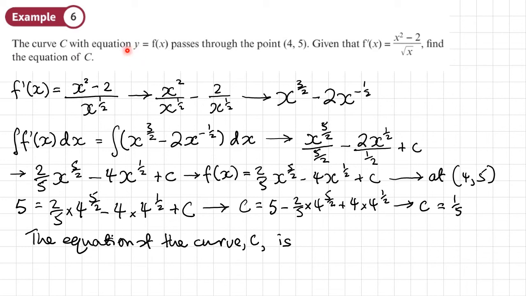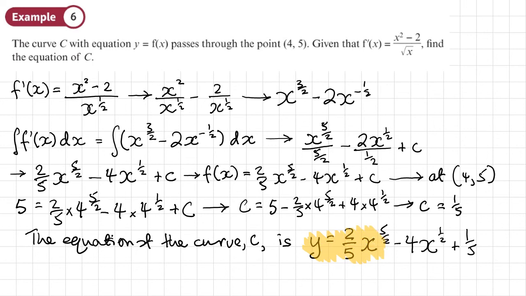Now since it says the equation y equals, we'll write y equals. So y equals, so we're just going to write down this bit here and change the plus c to 1/5. So we've got 2/5 x to the power 5 over 2 minus 4x to the power half plus c, and c is 1/5. So that completes this question.